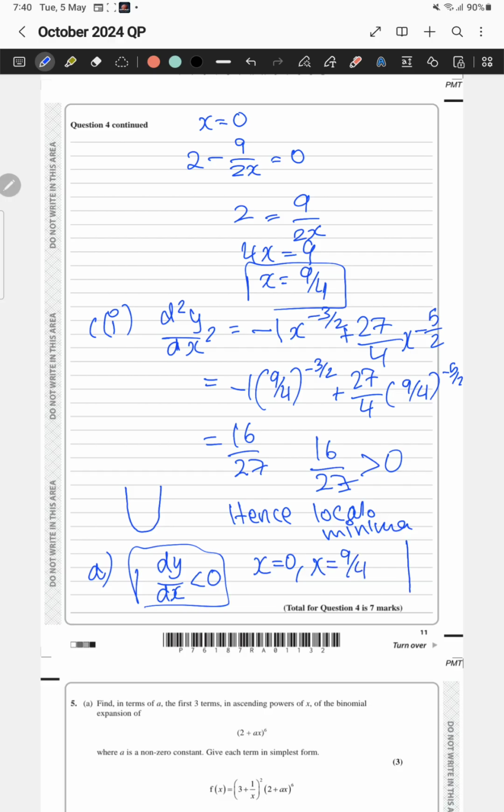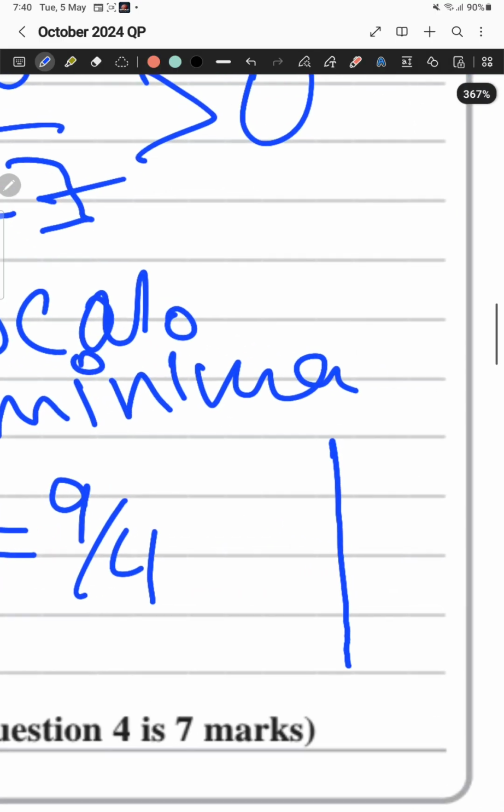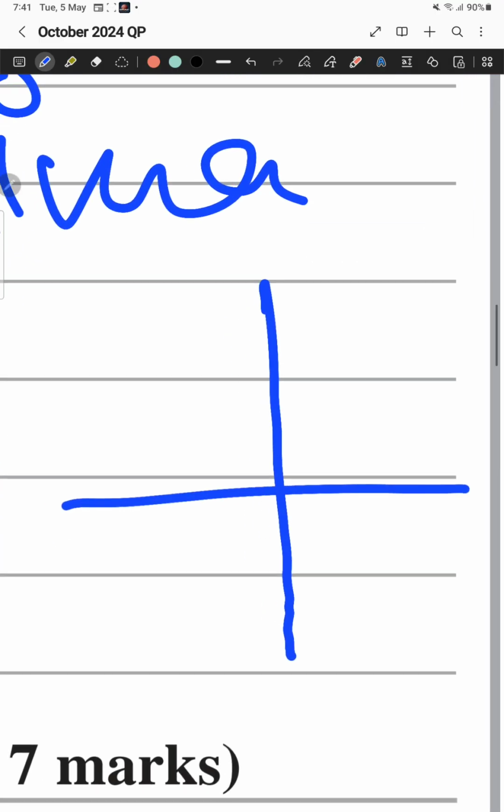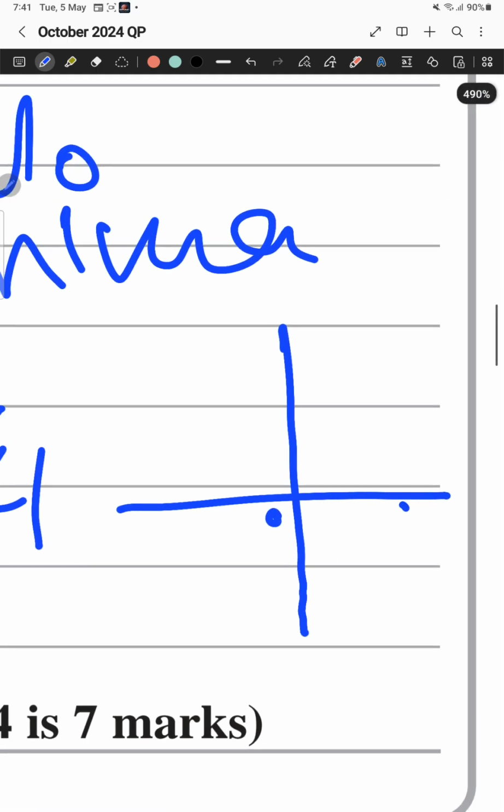When you draw a rough sketch of the graph, this is going to be 9 and this is 9 over 4 here. The shape of the graph looks something like this.